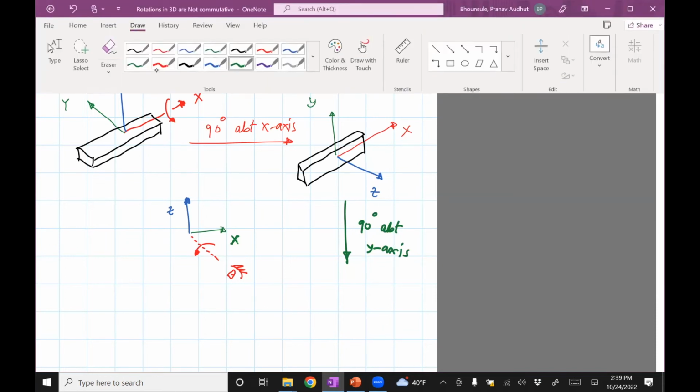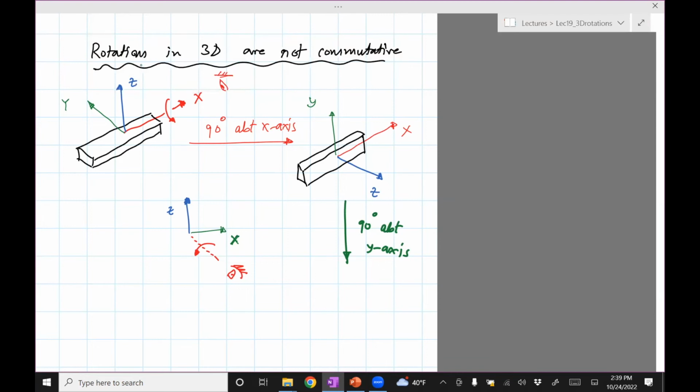When we rotate about the y-axis, I'm going to try this again. Rotate 90 degrees about y.